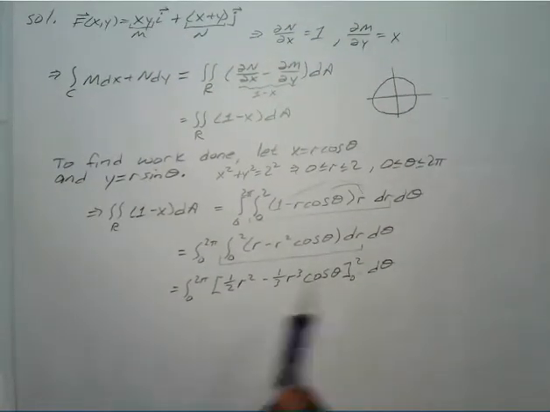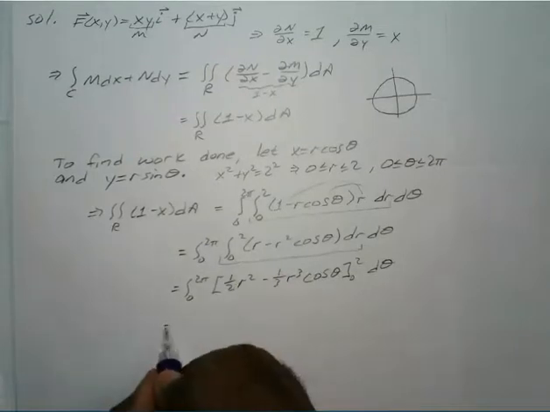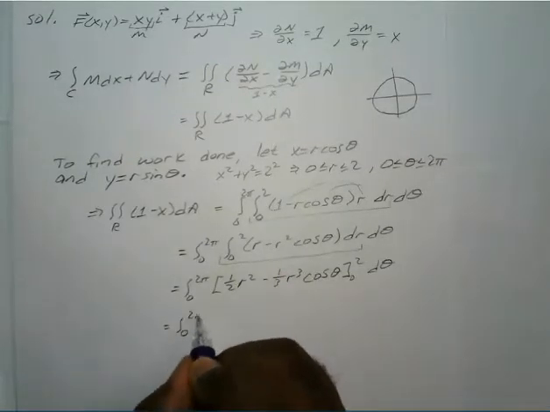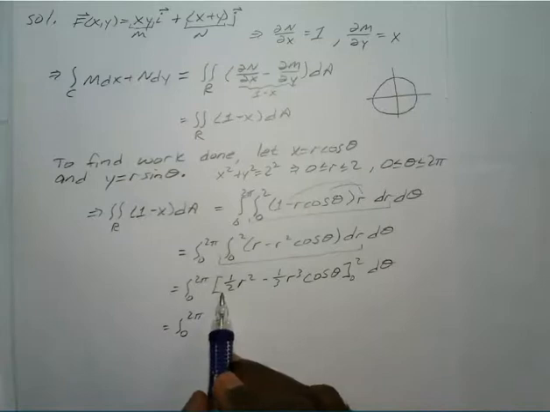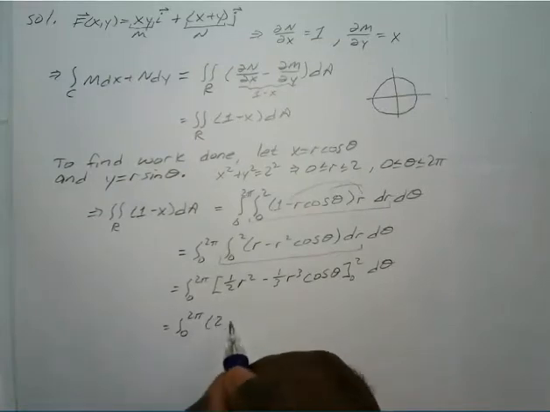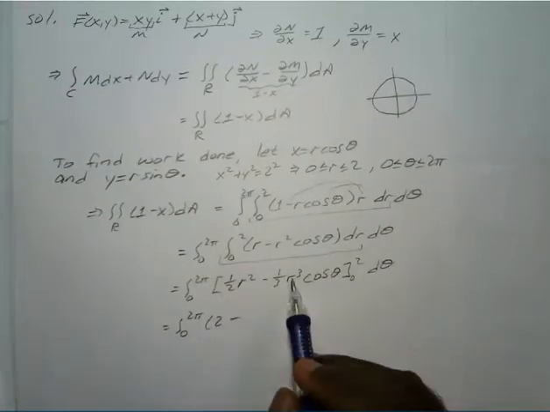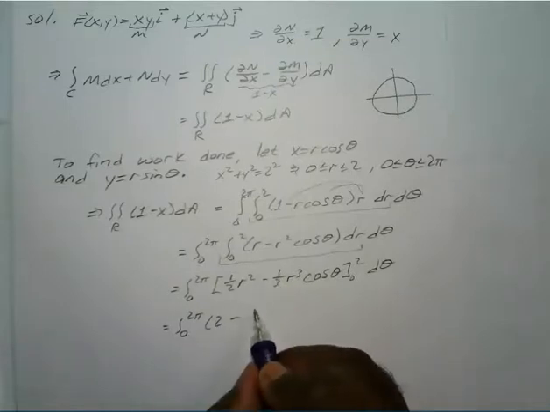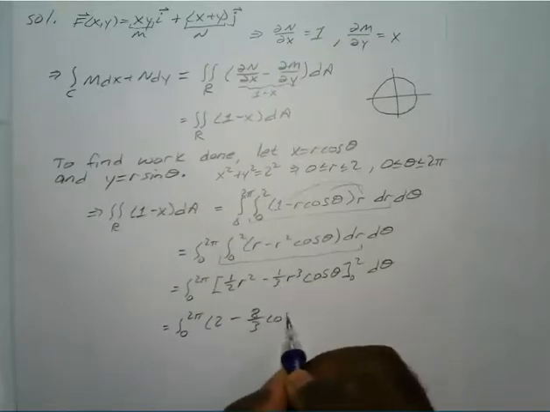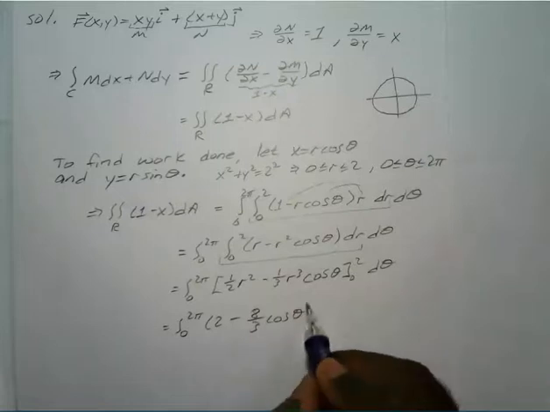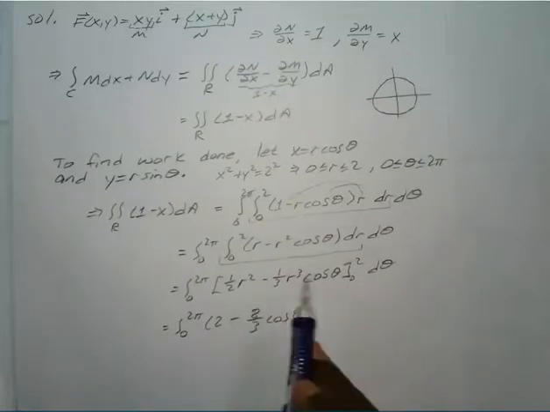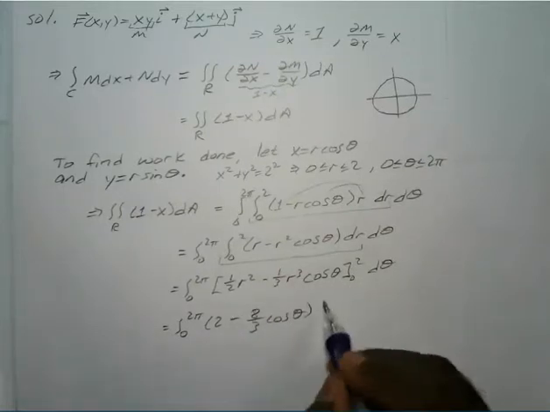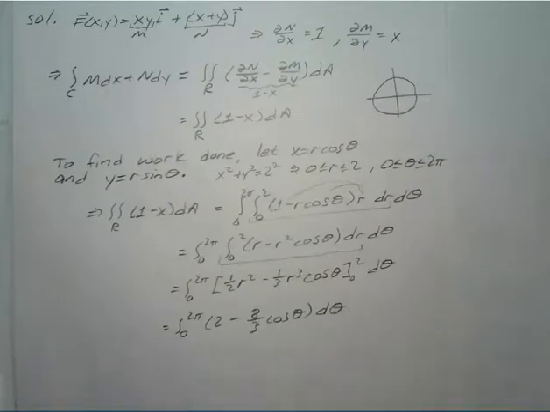Okay, so if we go ahead and plug in 2, we get 4 times 1/2, which is 2, minus, plug in 2 here, 8 over 3 times cosine theta. If we plug in 0 to both of those, it just gets 0, so there's no point in putting those in.